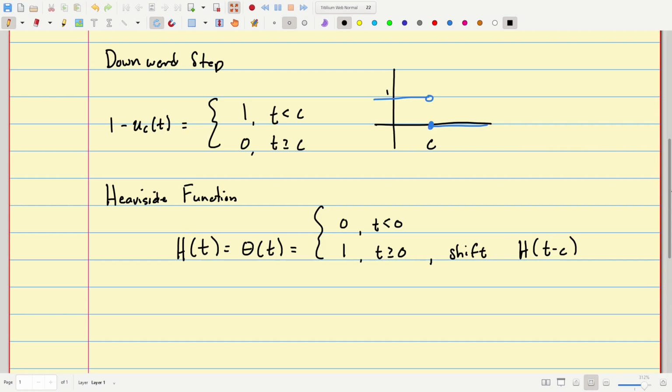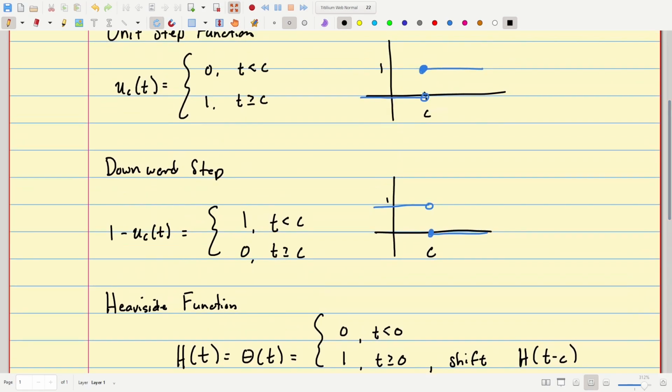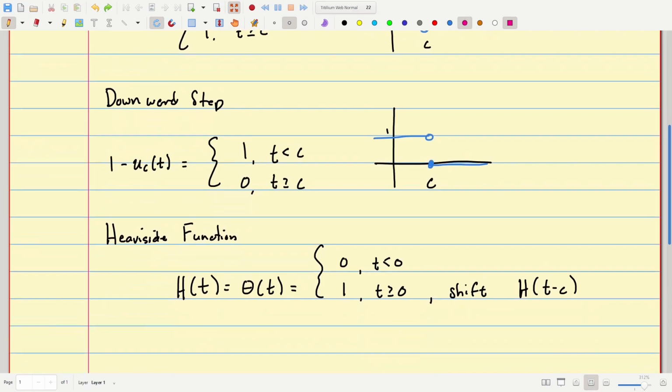The computer algebra systems, for example, Wolfram Alpha or other things, don't use this version of the function. They use this one. So you need to know those things so that you can check your answers if necessary.